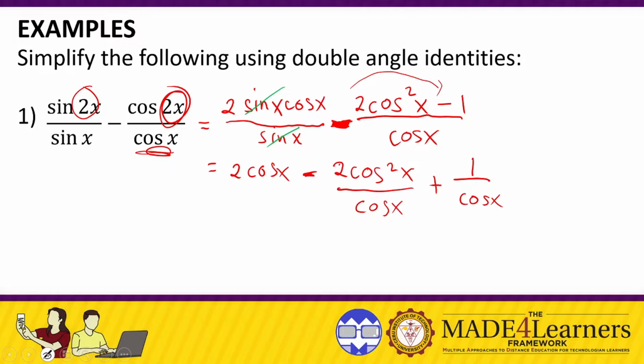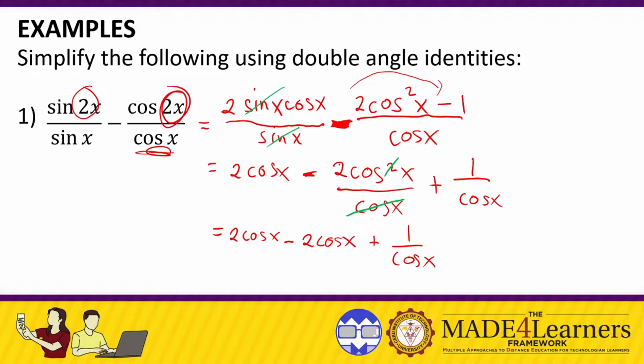We can now cancel out cos x in the denominator, and the squared, so we will have 2 cos x minus 2 cos x plus 1 over cos x.